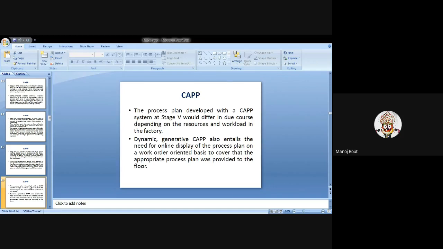So finally, in the last stage, the dynamic and generative computer-aided process plan provides an online display of the process plan on a work order oriented basis, which basically includes the appropriate process plan for the shop floors. So these are the things considered in case of computer process planning.